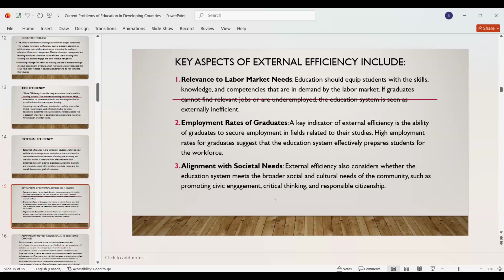So, employment rates of graduates. High employment rates for graduates suggest that the education system effectively prepares students for the workforce. So that is branding, right? I worked in a school, my last school, a boys' school and a popular school in Kandy.